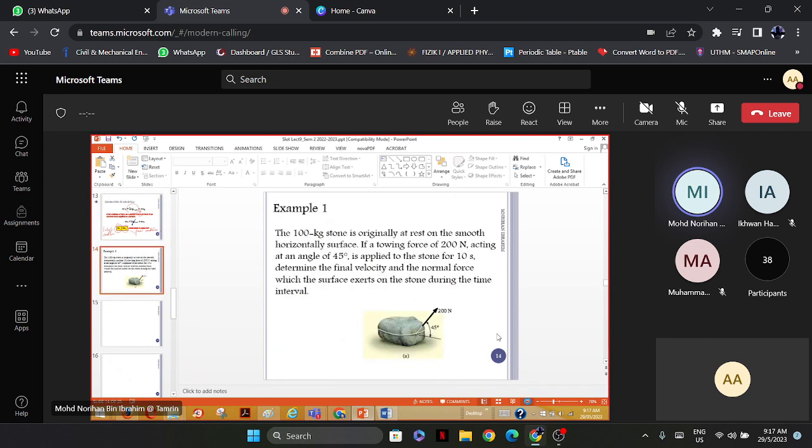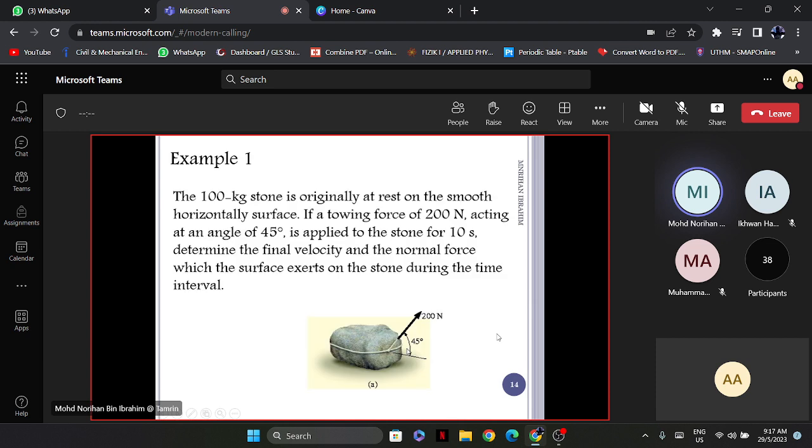They ask you to find the final velocity and the normal force.